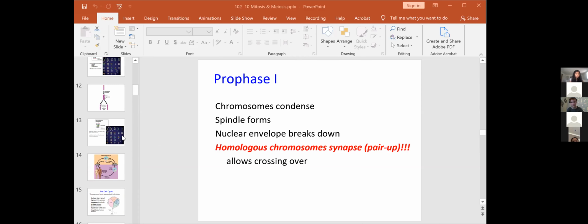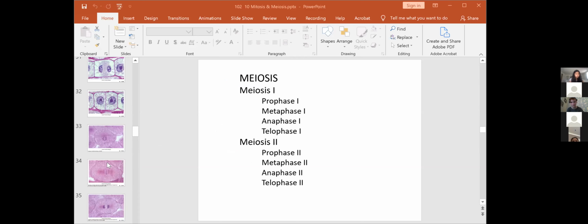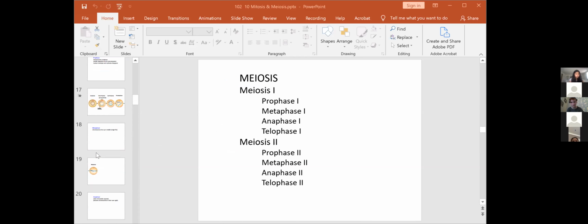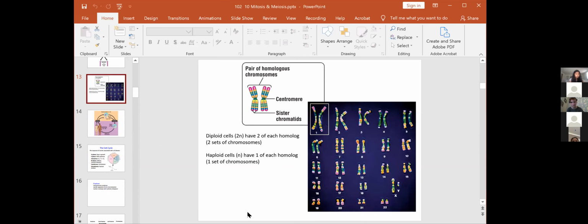So let me go back to this slide here. As humans, you have 46 chromosomes. Mom gave you 23 and dad gave you 23. The first 22 pairs are called autosomes.